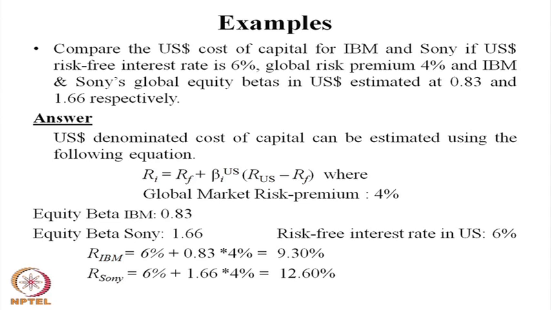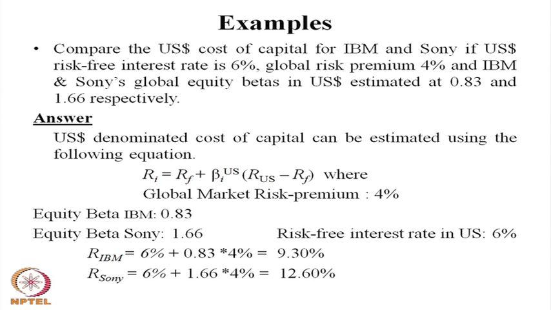The example is to compare the US dollar cost of capital for IBM and Sony. If the US dollar risk free interest rate is 6%, the global risk premium is 4%, and IBM and Sony's global equity betas in US dollar are 0.83 and 1.66 respectively.